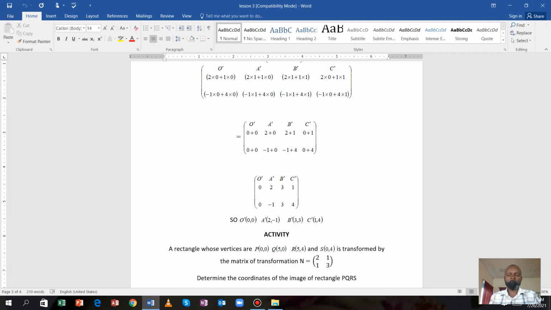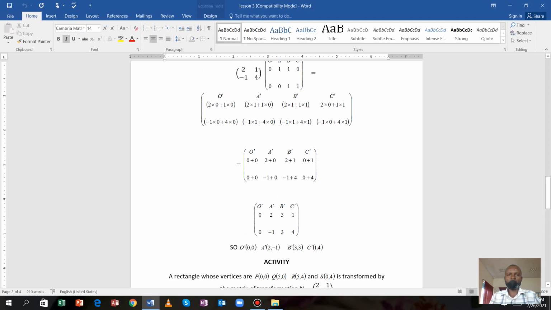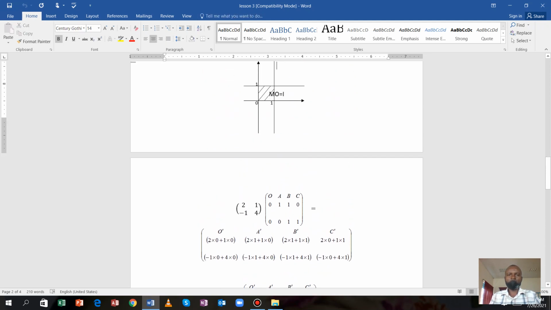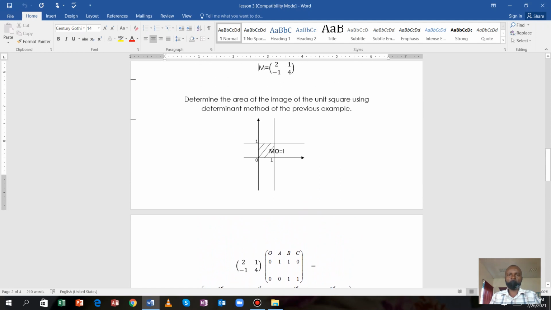Now, even if I ask you to find the area of the image, still use the other method. Can you get the matrix? The matrix you already know. So get the determinant. Assuming you are asked to find the area of the image, get the determinant of this matrix, which is 2, 1, negative 1, 4. After getting the determinant, find the area of this object. This is a unit square, which is 1 times 1.